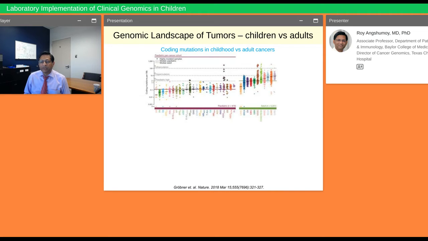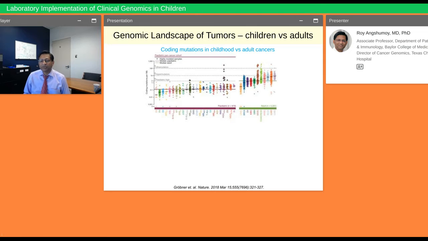I think you can appreciate on the y-axis the number of mutations by different types of tumors that have been plotted. And you can appreciate by looking at that, in general, pediatric cancers have a much lower rate of coding mutations compared to adult cancers, which have a higher rate of coding mutations. Now, this is something that has been known for a long time.